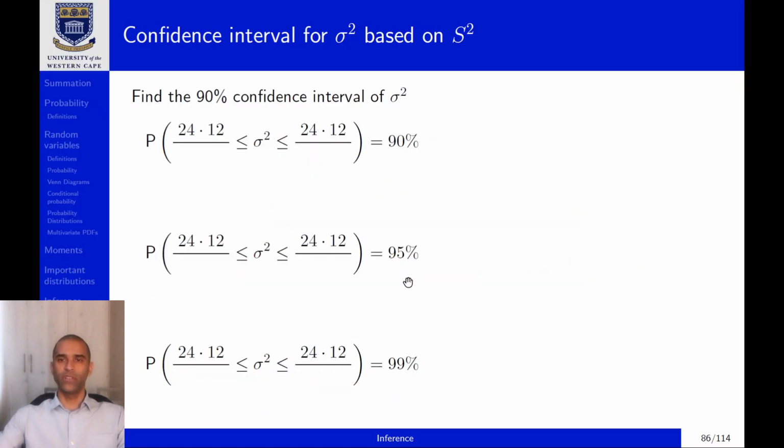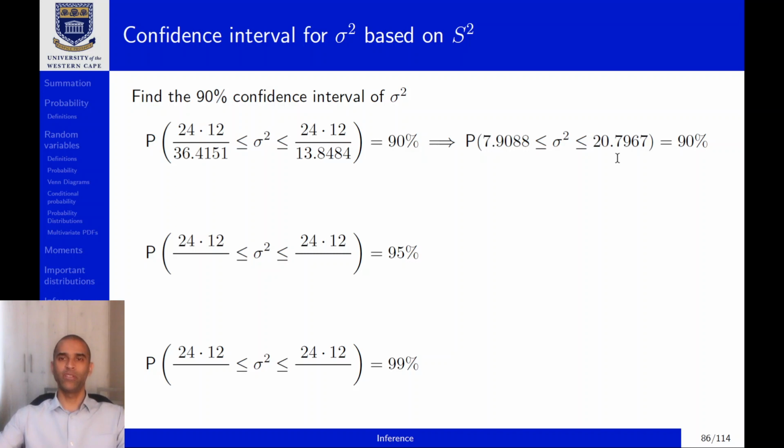So plugging those values in, we obtain these estimates. So the confidence interval for the variance is given by 7.9088 and 20.7967.